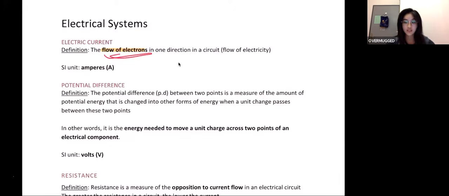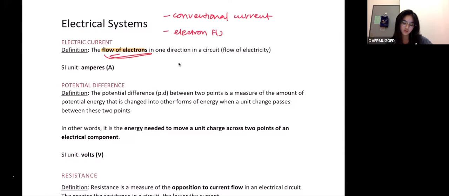All right, now there's 2 models that we can use. One is called the conventional current model. And the second one is called the electron flow model. What's the difference between these 2? Conventional current model just says that it flows from the positive end to the negative end of your battery, while electron flow says that it flows from the negative end to the positive end.